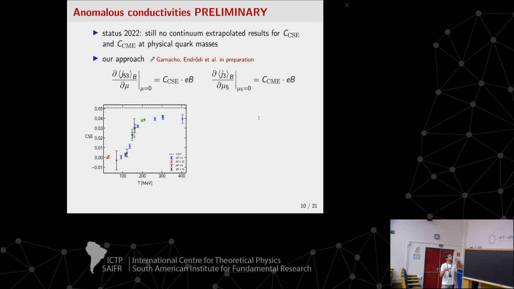What you see is that at high temperature, we approach 1 over 2 pi squared, which is the result predicted for massless free quarks. But there is something going on at low temperature: this conductivity actually goes to 0. And where does it go to 0? Where else but around the critical temperature, 150 MeV.